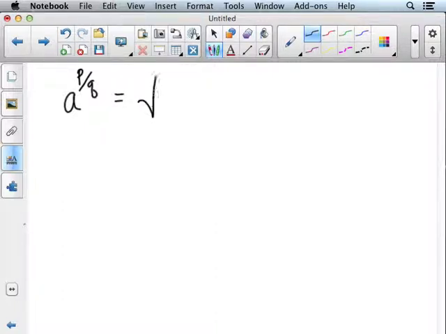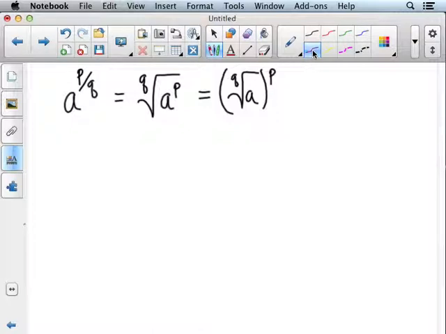So this is the qth root of a to the power of p, which is the same thing as the qth root of a all to the power of p. A short way to remember it is the number on bottom ends up being the root, and the number on top ends up being the power.